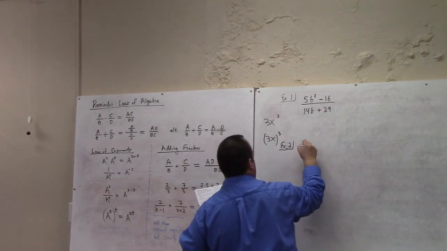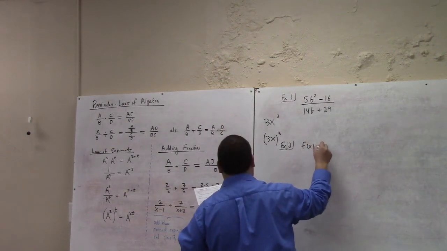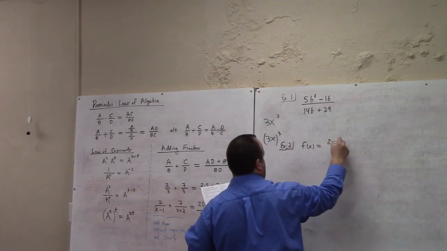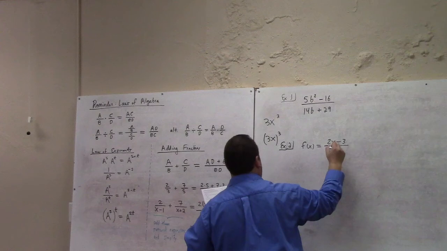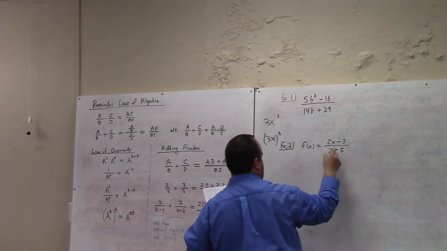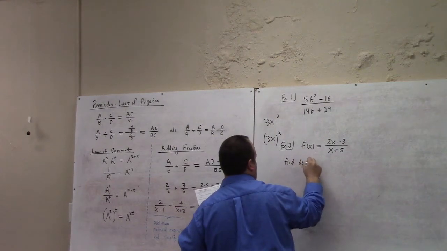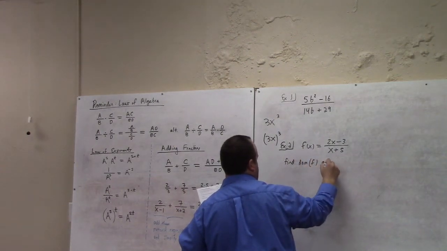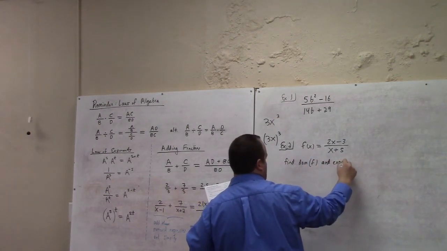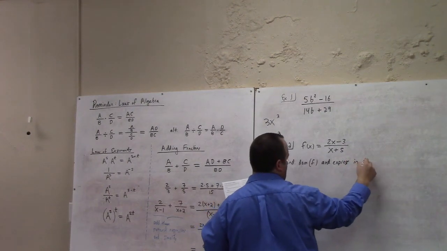So you have f of x equal to (2x minus 3) over (x plus 5), and it says find the domain of f and express it in 2 ways, right?